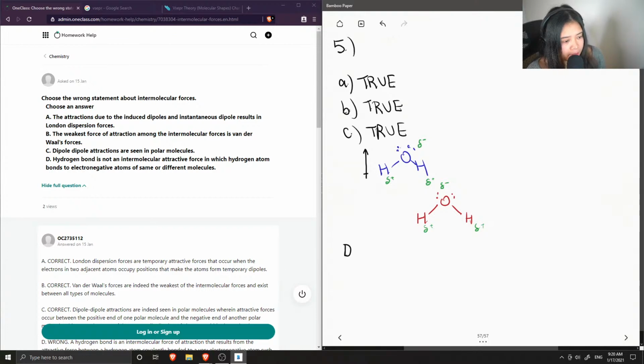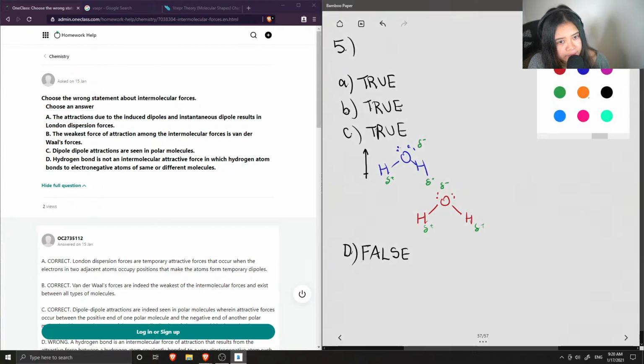So now let's look at D. Hydrogen bond is not an intermolecular force, attractive force, in which hydrogen atom bonds to electronegative atoms of same or different molecules. So this is our false answer. Hydrogen bond is an intermolecular attractive force.